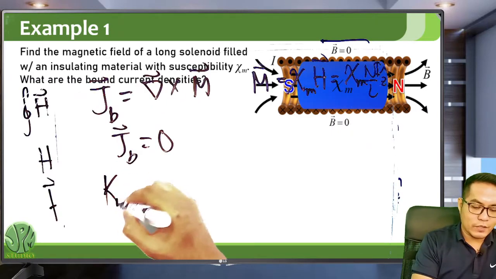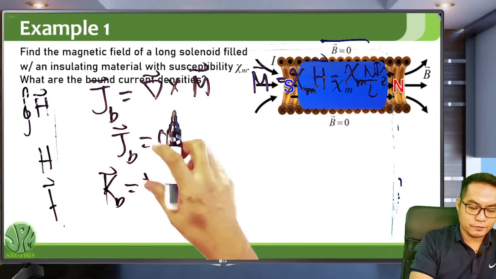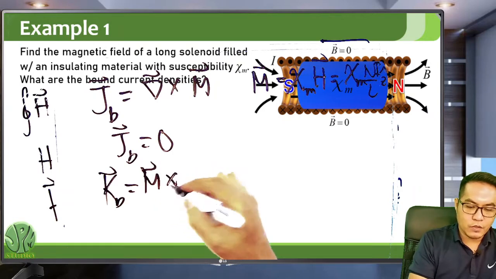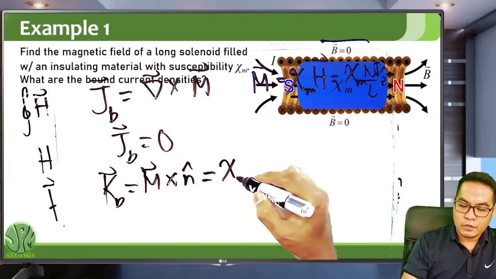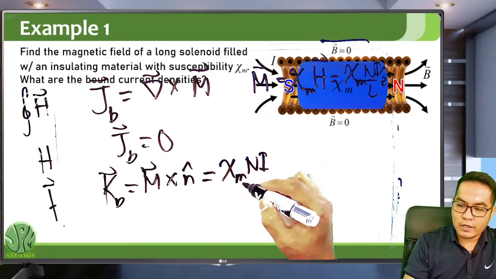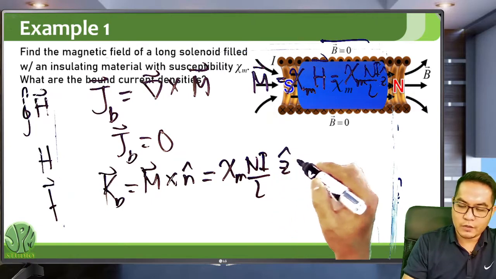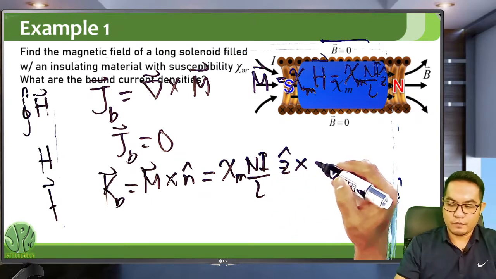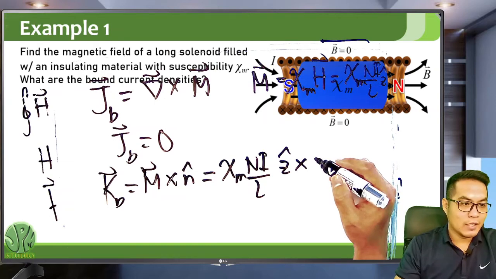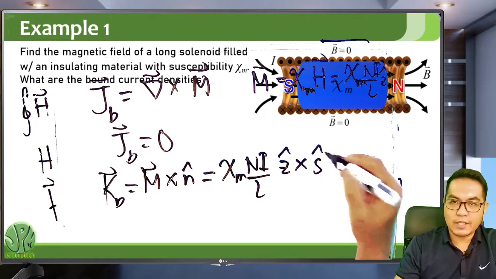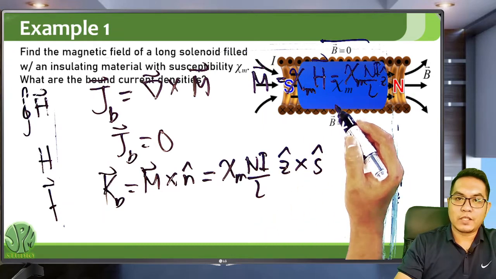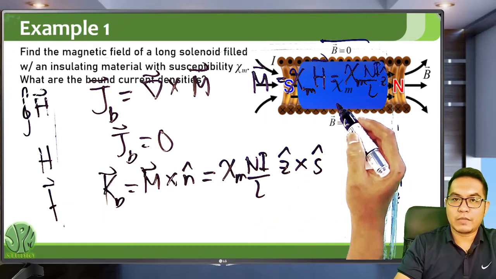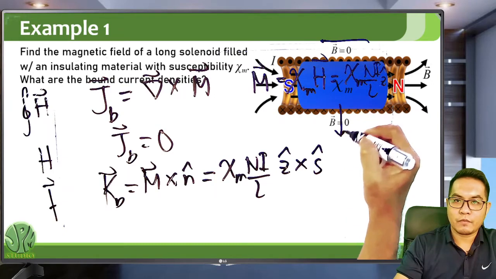And solving for the surface bound currents, we will have M cross N hat. So you will have the susceptibility Ni over L Z hat cross N hat. Now, our N hat in this case is the S axis. So the normal to this insulator material is this one. That's the S hat.